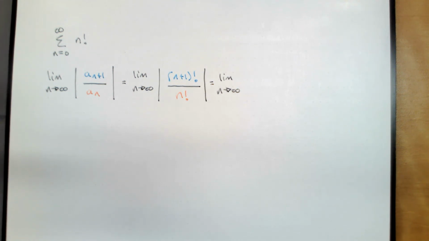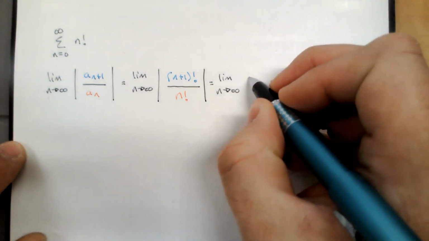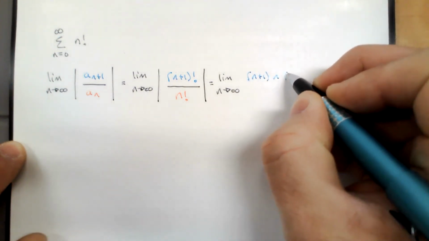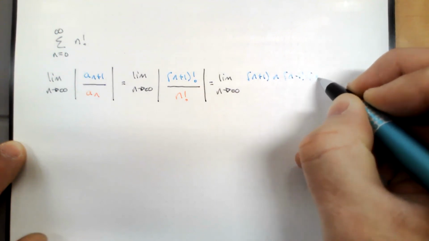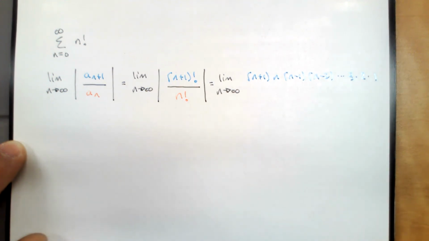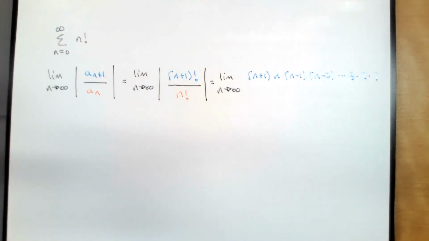That's going to start off with n plus 1, then n, then n minus 1, then n minus 2. It's going to be that product. So I'll have n plus 1 times n times n minus 1 times n minus 2, all the way down to 3 times 2 times 1. That's what n plus 1 factorial will look like. n factorial has all of these factors except for the n plus 1.